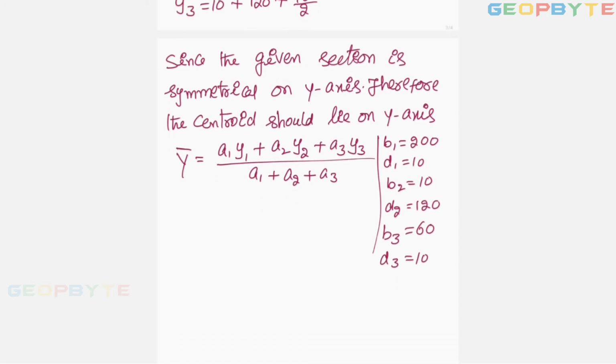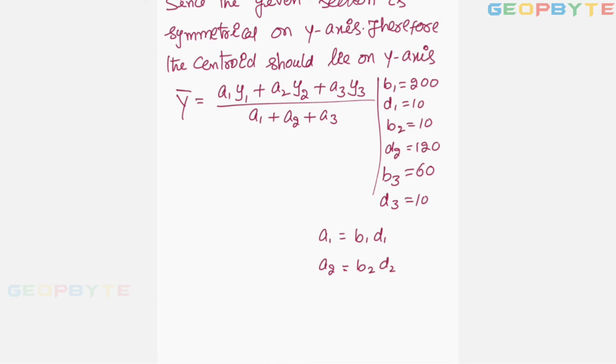Then you know how to find a1. a1 equal to b1 d1, a2 equal to b2 d2, similarly a3 equal to b3 d3. You find all these values, which are in mm square.